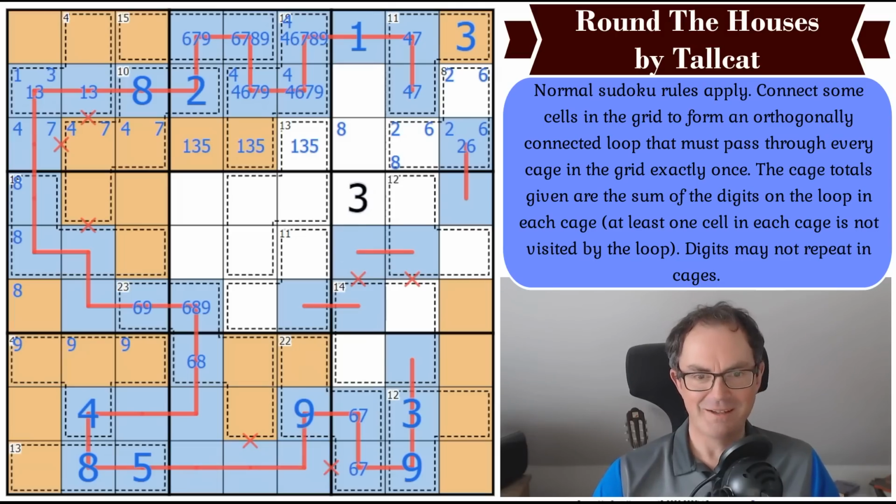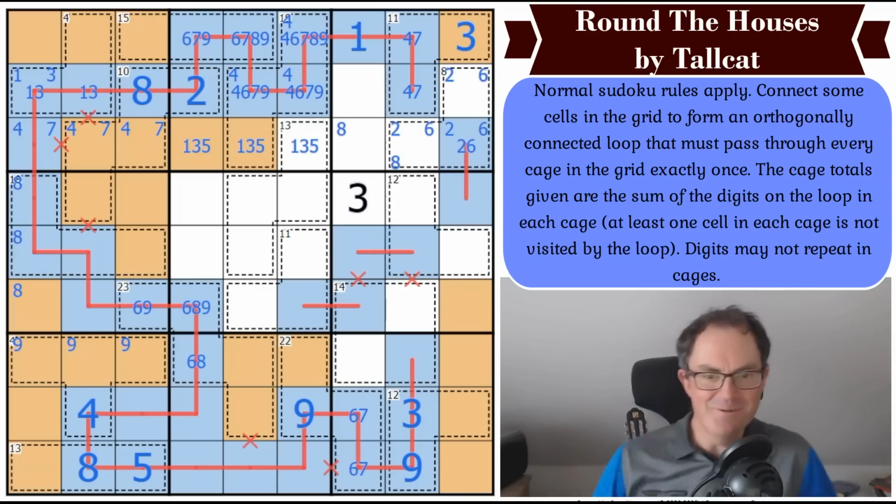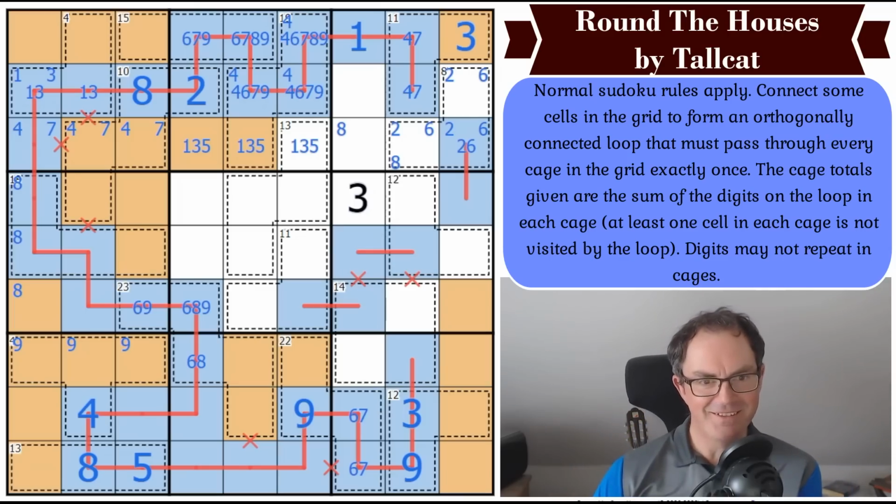This is baffling. What on earth am I meant to do with this? I was going along really nicely and everything was flowing, and now I've just hit an absolute brick wall.